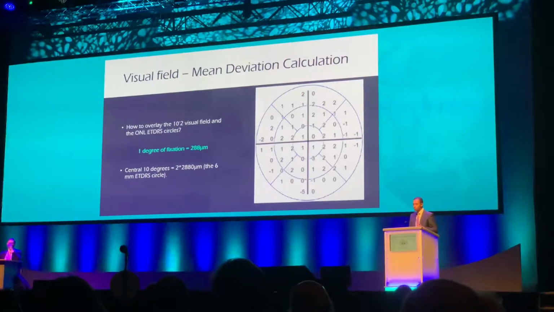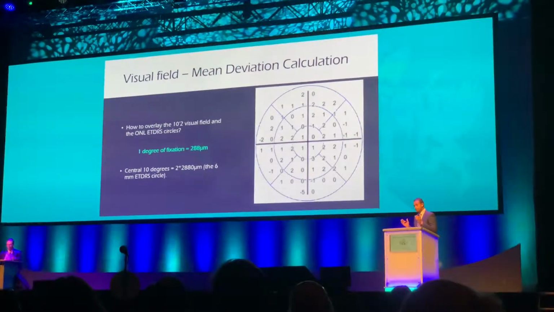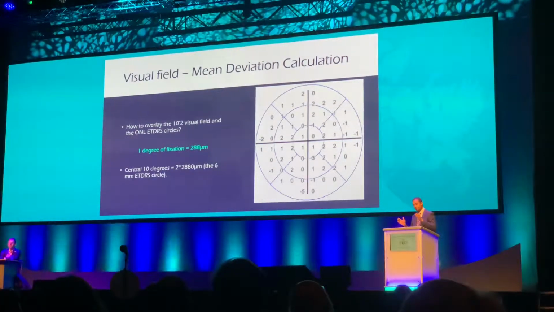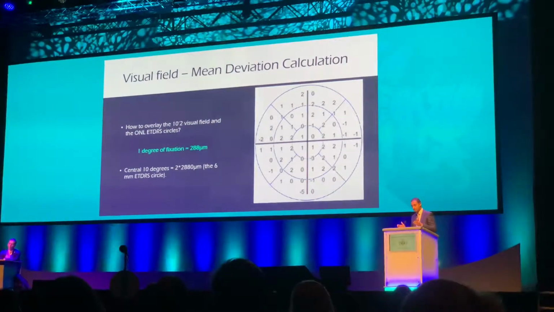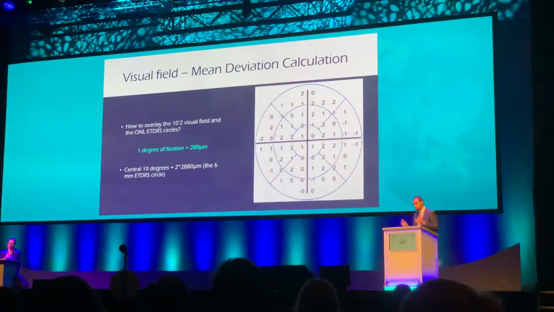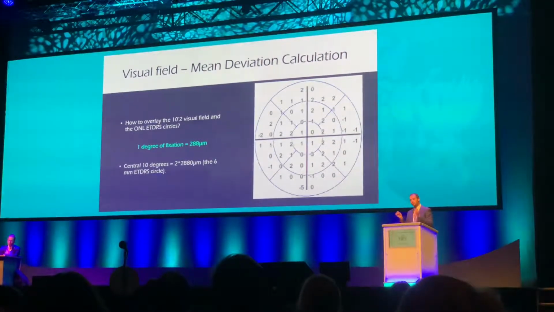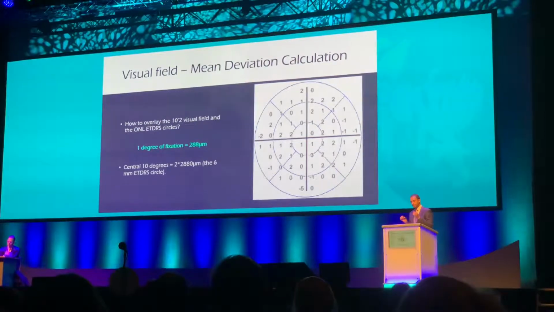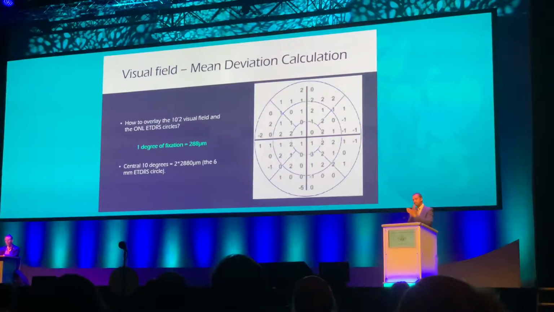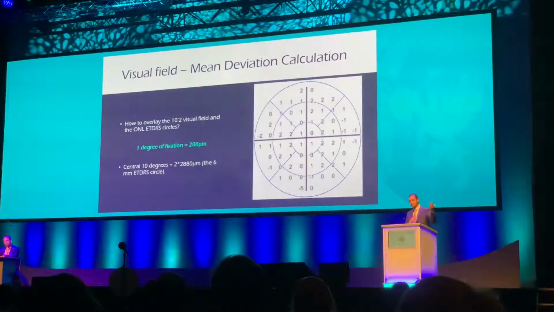We then superimposed the 10-2 pattern deviation numbers on top of the ETDRS surface of the OCT, and we designed an Excel formula that enabled us to calculate the mean deviation for each of the 8 ETDRS sectors. Then we inverted the sectors so that nasal becomes temporal, superior becomes inferior.